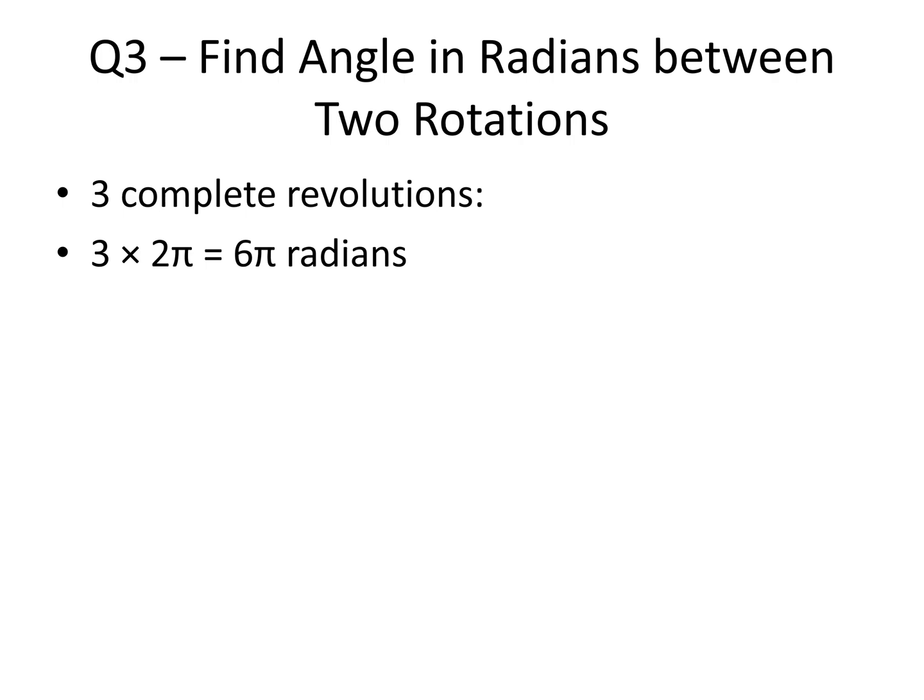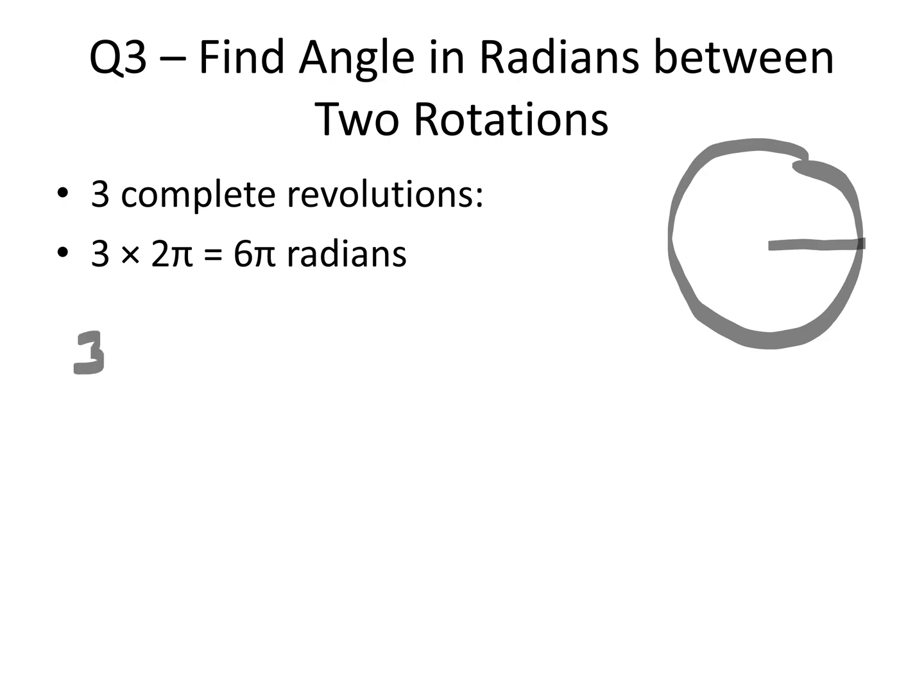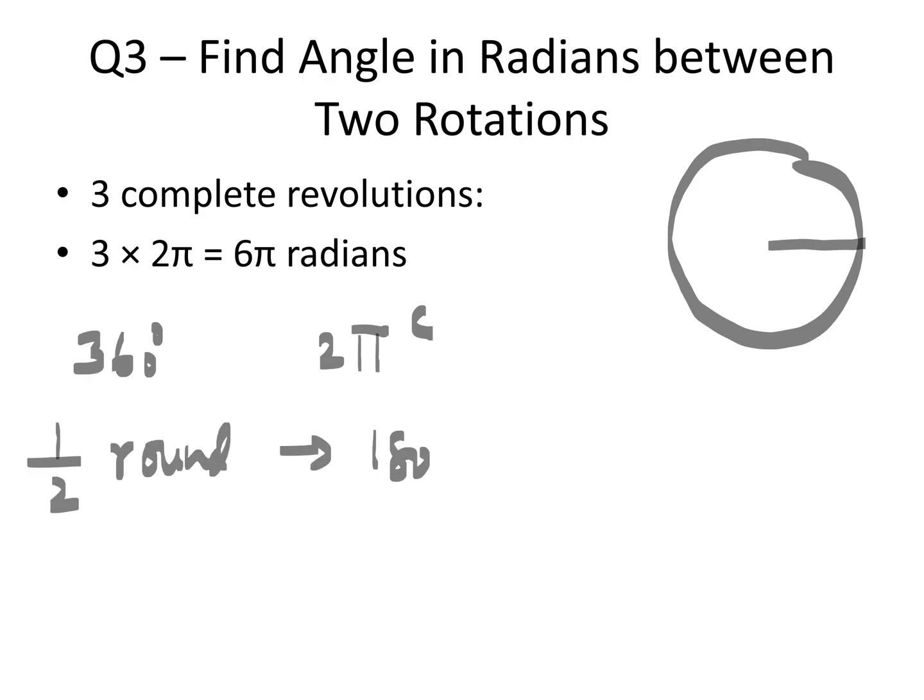Suppose one complete revolution, one complete round. One complete round in terms of degrees means 360, and in terms of radians means 2 pi radians. If I go half of the round, half round means 1 by 2, this is 180 degrees, and in terms of radians it is pi radians.